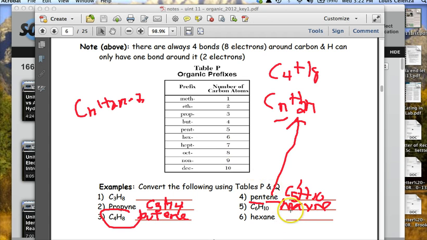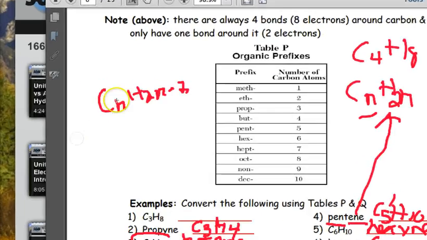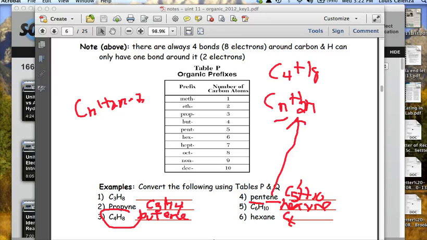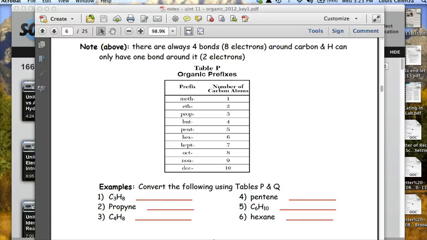Hexane is 6 carbons, and it ends with ane, so I know it's an alkane. So I know that this is going to have 6 carbons. I plug it in for the alkanes because it ends in ane.